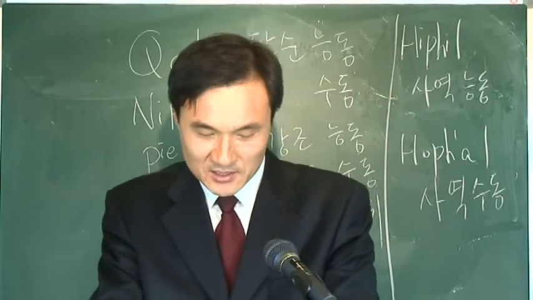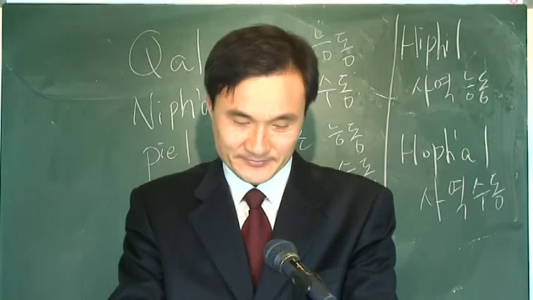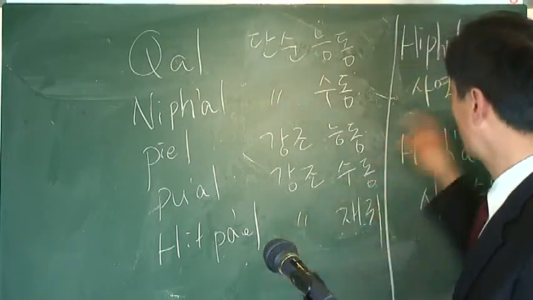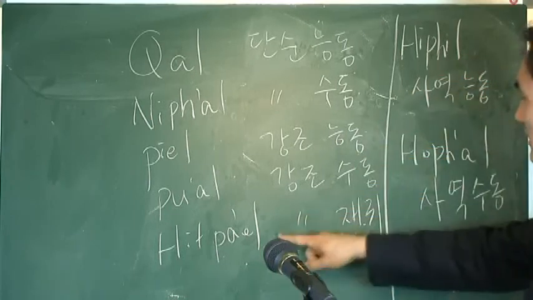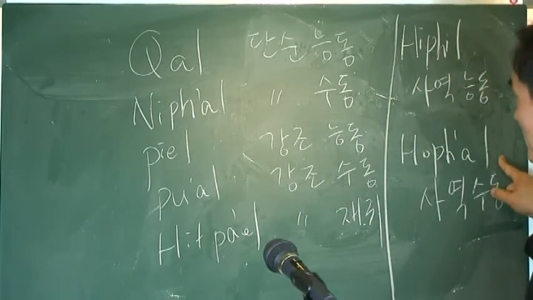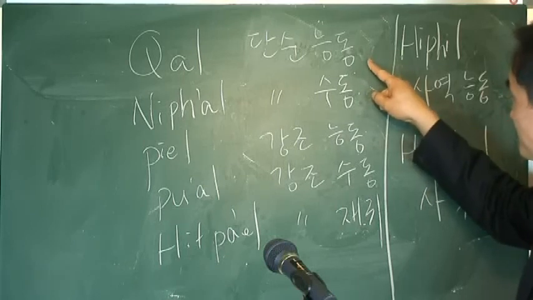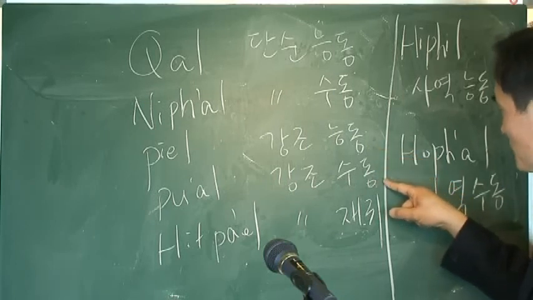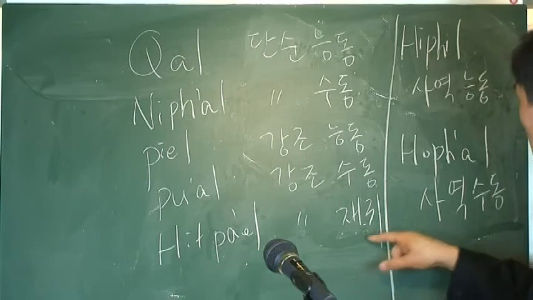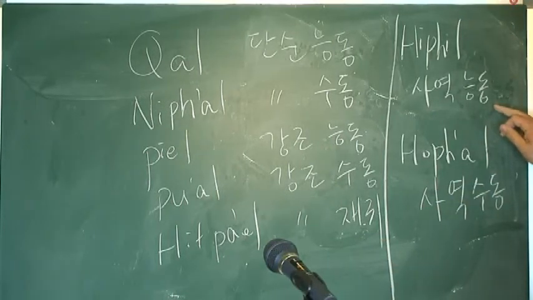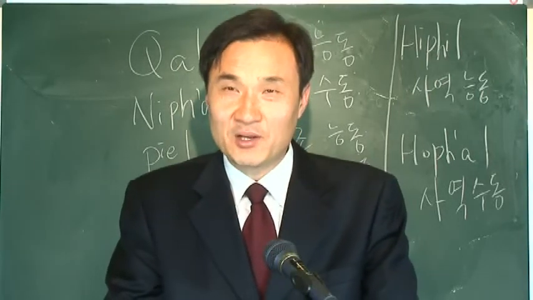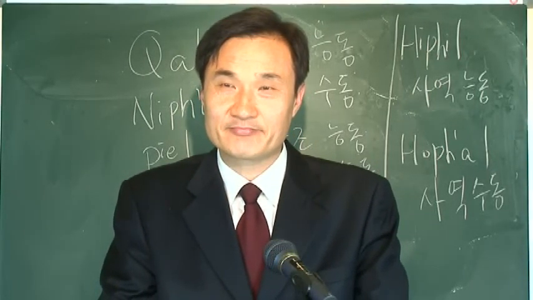Hence, the call stem, the nifal stem, the piel stem, the pual stem, the hitpael stem, the hifil stem, and the hofal stem have the simple active voice, the simple passive voice, the intensive active voice, the intensive passive voice, the intensive reflexive voice, the causative active voice, and the causative passive voice, respectively.